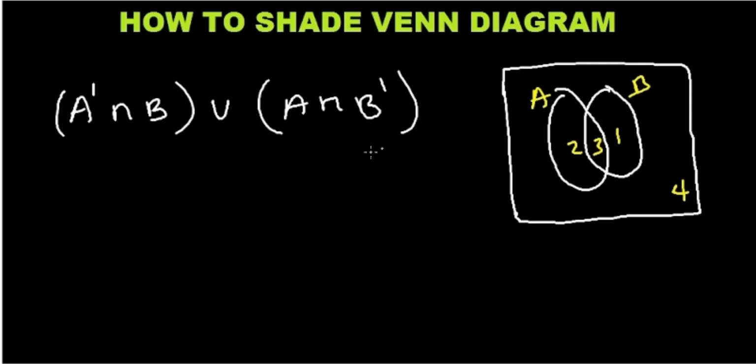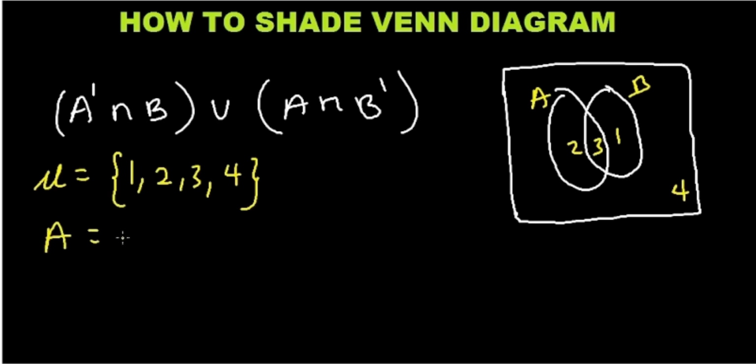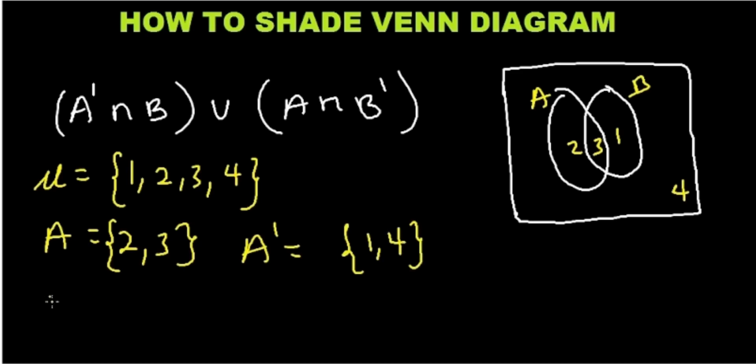So my universal set here will be 1 to 4 as usual, because we just have 1 to 4 as the total number. My A here is 2 and 3, right? Then my A complement will be 1 and 4.